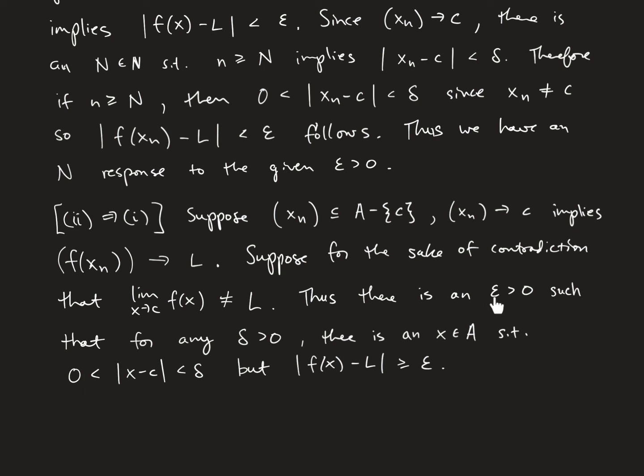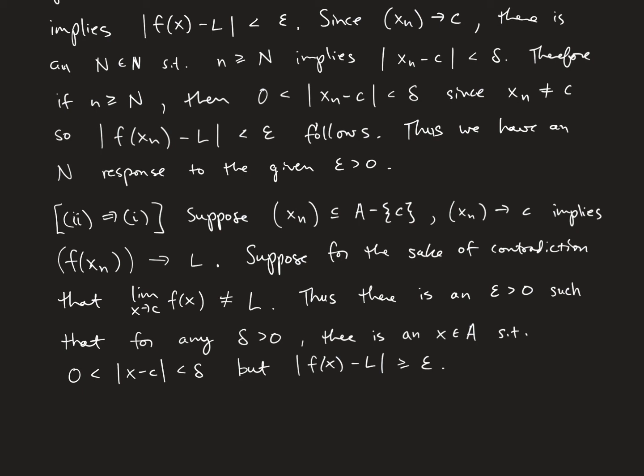So for any epsilon, there is an epsilon such that for any delta, any delta we choose here is going to produce an x that fails the challenge. Okay, and so what we can do is, for this given epsilon, we can take our delta to be, say, 1 over n, right? So just a sequence of deltas 1 over n, we'll get a corresponding sequence of xn's that are failing this challenge, but then that's going to produce a contradiction.